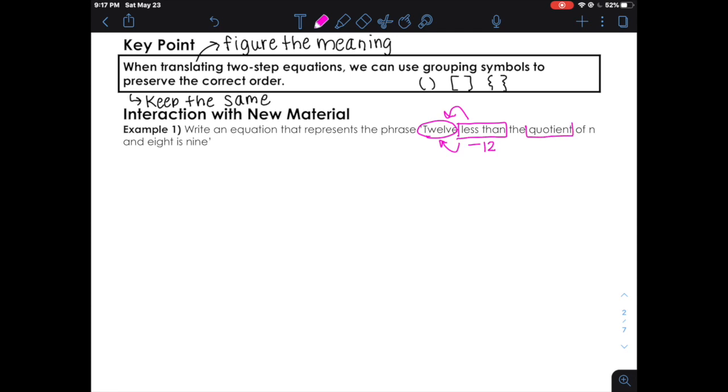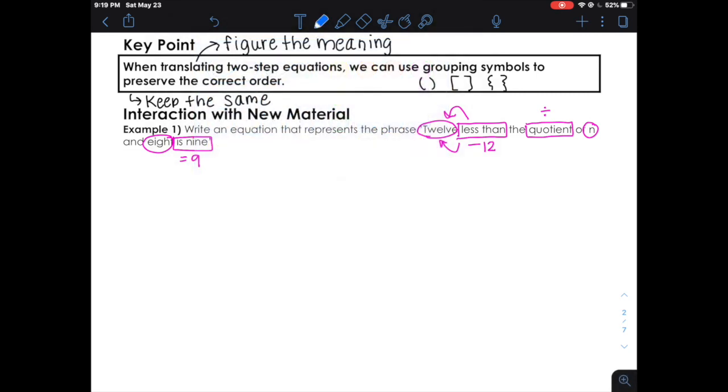So let's keep going. The quotient is the answer to a division problem, so we're going to be dividing n and 8, and then, oops, I should have circled that one. And then is 9 means equals 9.